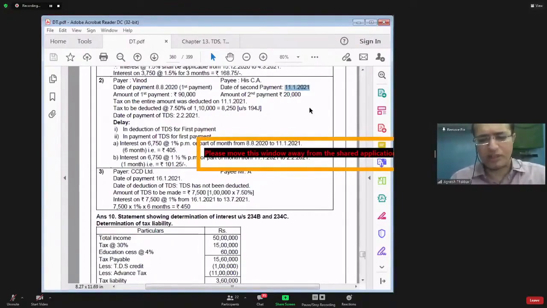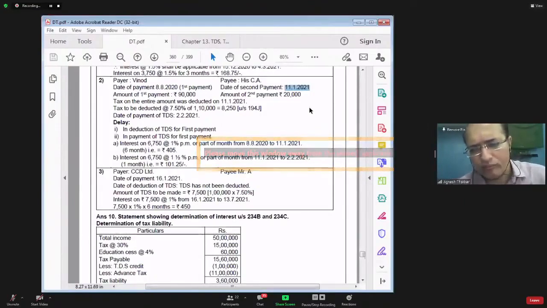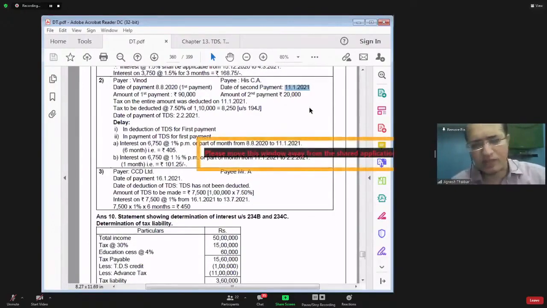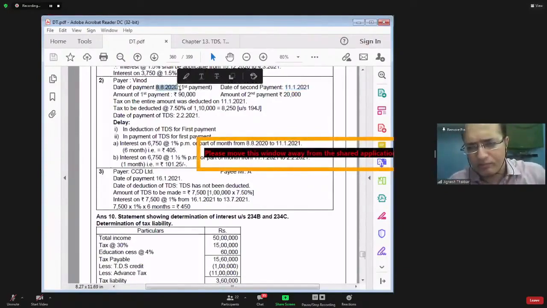So it is 5 months and few days, yes or no? 6 months will get completed on 7th February. 5 months will get completed on 7th January. Sarvana, you are required to deduct TDS on 8th August 20, correct? But you have actually deducted TDS only on 11th January 21.